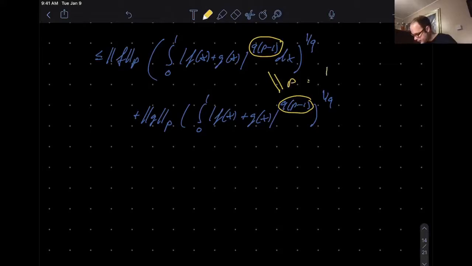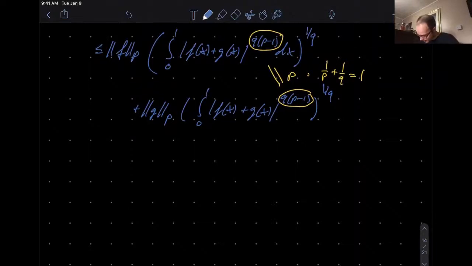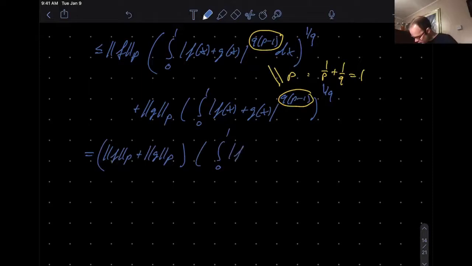This is because 1 over p plus 1 over q is equal to 1. Just stick that equation in there and you get that. So what you have here now is an equality: the p norm of f plus the p norm of g, and then the common factor is the integral from 0 to 1 of |f(x) + g(x)|^p dx to the qth root.